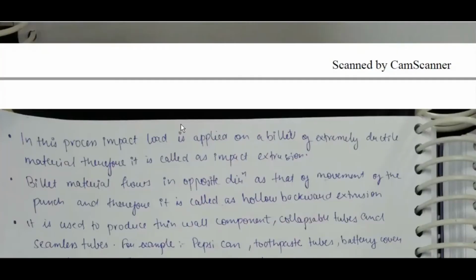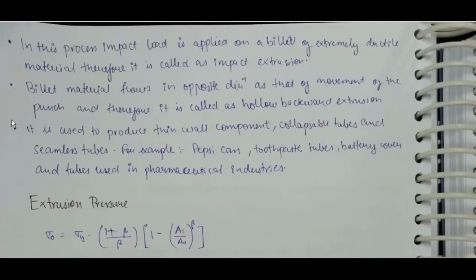And extruding at low temperature leads to generate a lot of surface cracks. It is called bamboo defect.